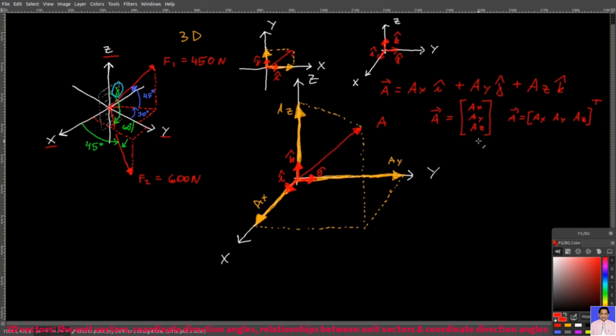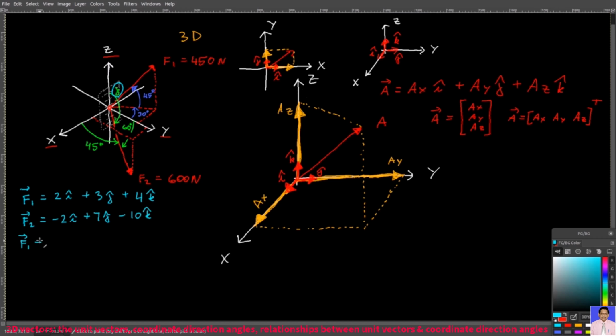When you add two vectors with these components, the logic is exactly the same as it was in 2D. Let's say that the F1 vector equals 2i plus 3j plus 4k, and then F2 equals minus 2i plus 7j minus 10k.